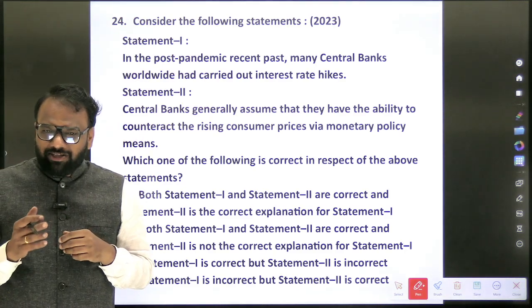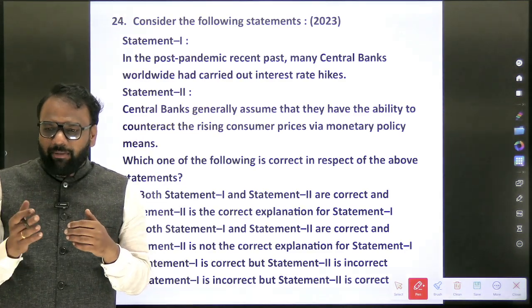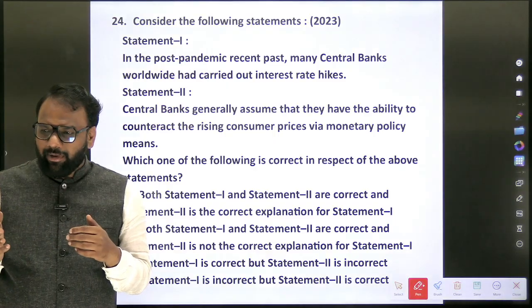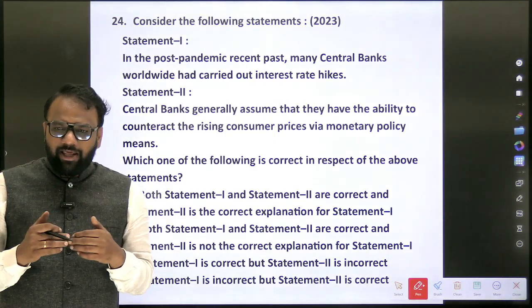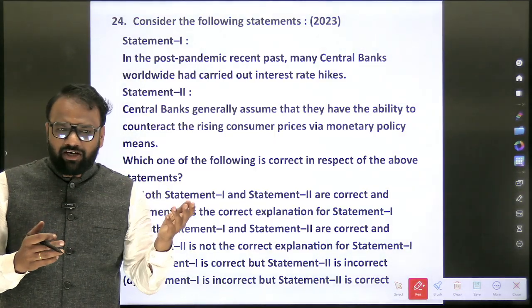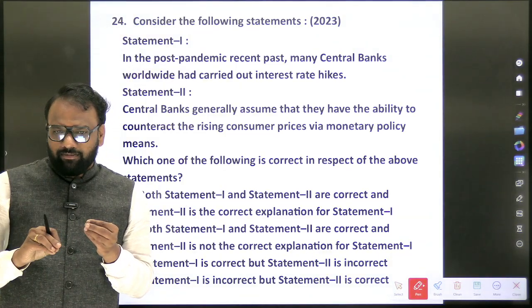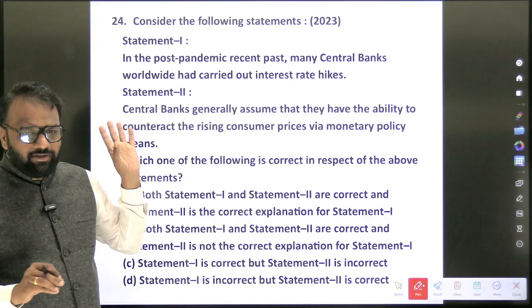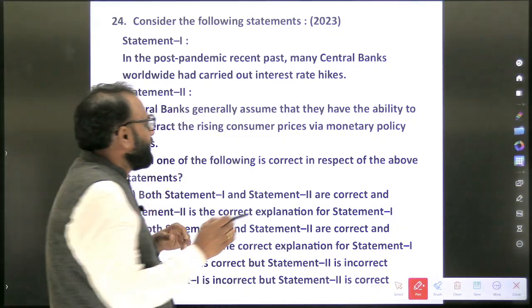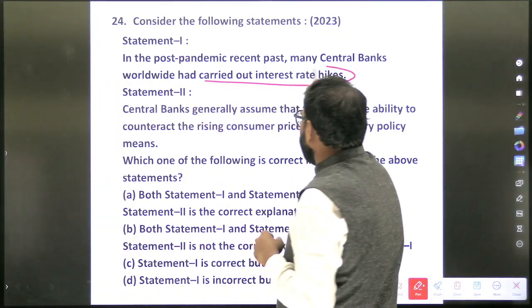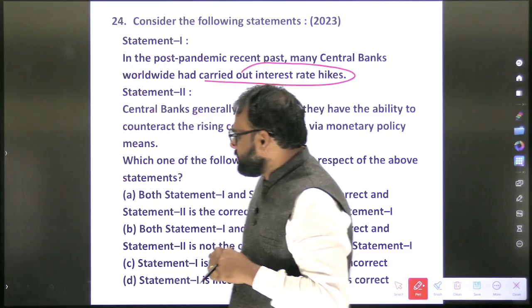After the 2019 COVID-19 pandemic, central banks like the RBI in India and many other countries had increased the rates. So from the previous year, we get to know that they had carried out interest rate hikes. That's it.